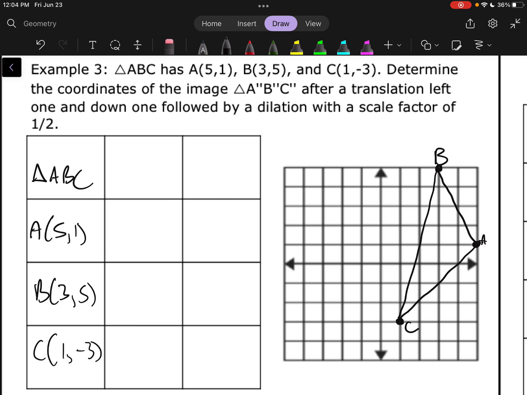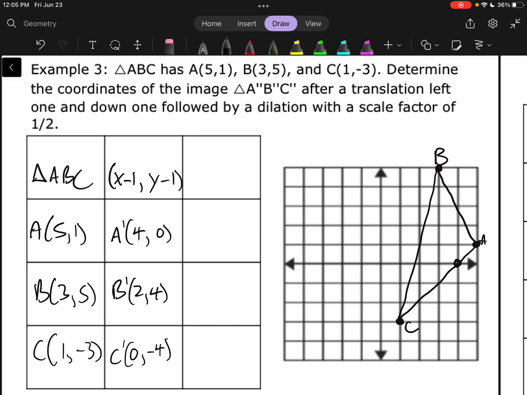And first they say a translation left 1, down 1. So left is x minus 1, and down 1 is y minus 1. So let's see what happens after that. A prime, 5 minus 1 is 4, 1 minus 1 is 0. For B prime, 3 minus 1 is 2, 5 minus 1 is 4. And for C prime, 1 minus 1 is 0, negative 3 minus 1 is negative 4.